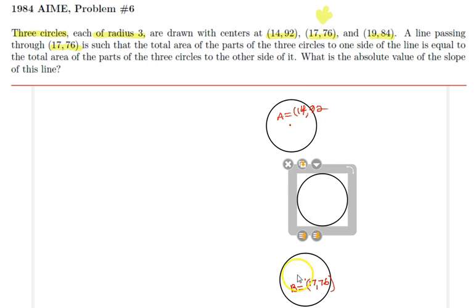Because the line will split the, okay, so that was the tricky part. Let's put back the center here. So the center is probably here. We decided to call it C, which is 19 and 84. So the trick in this question is that because the line goes through the center B here, the location of the second circle is irrelevant.